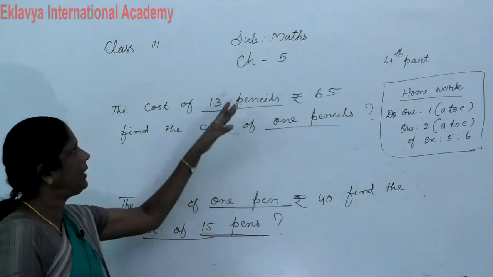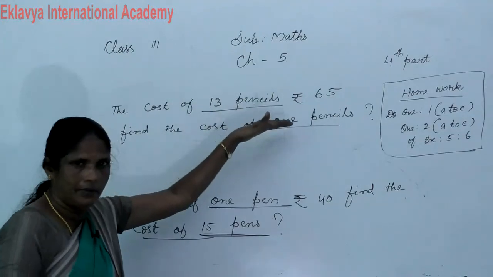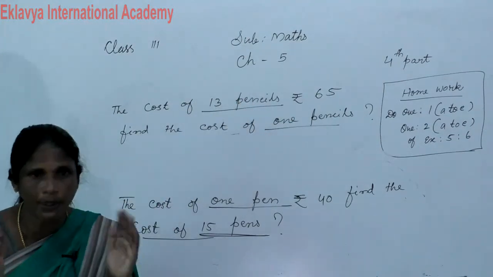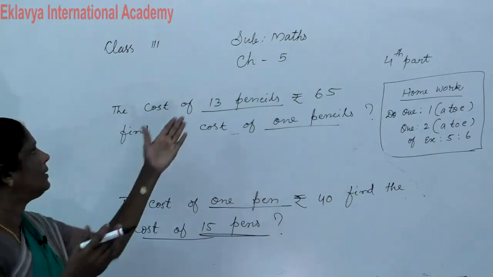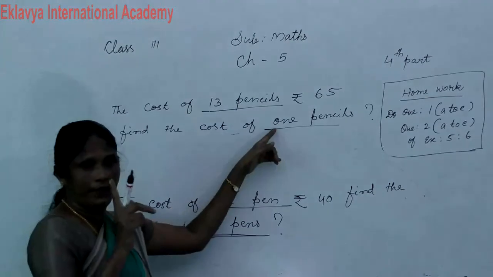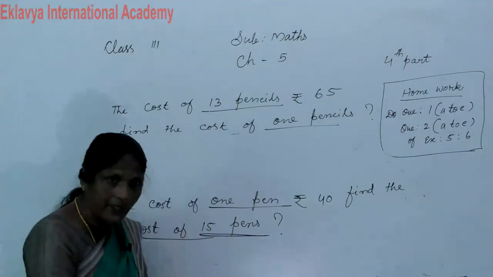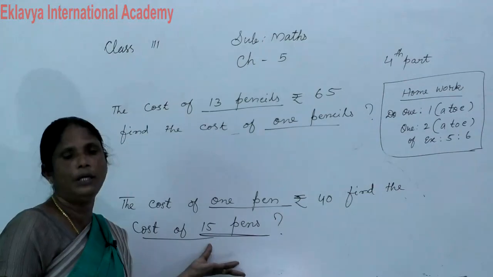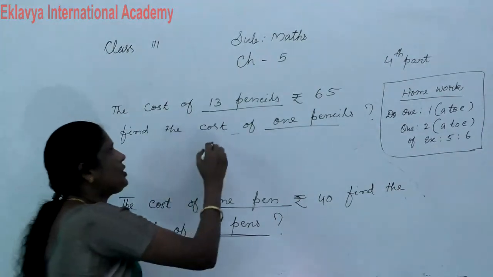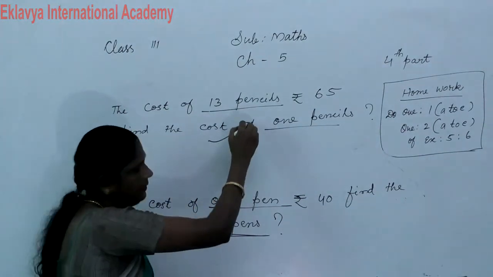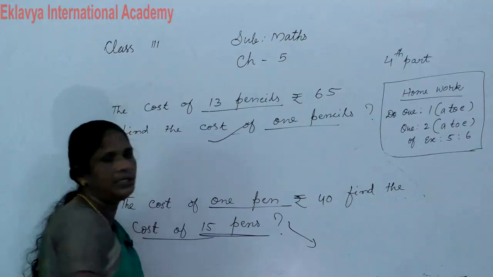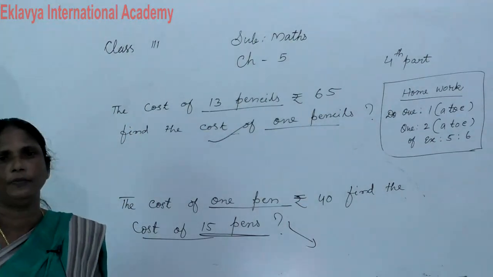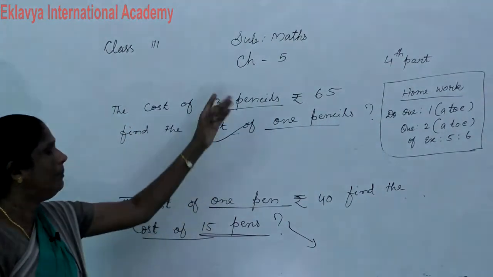Here many given, 13 pencils is many, more than 1. Here 1 find. Here 1 given, then 15 find, many find. This question is divide. This question is multiply. How to identify? Many given.